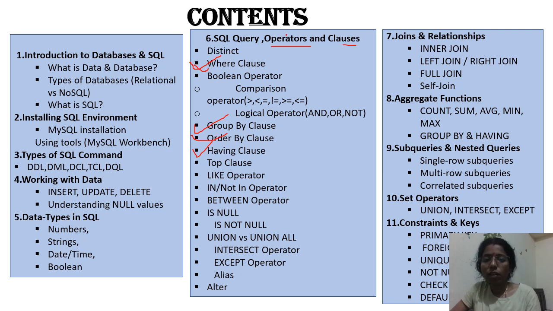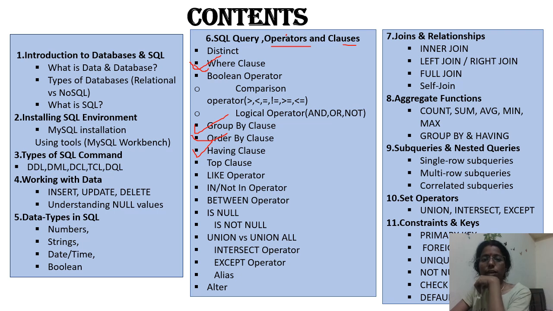Order by, orderly in the sense of ascending or maybe descending. And having clause is also the same as where clause, but the only difference is that having clause we are going to use with group by. Group by always comes with having, and the same way having clause only comes with group by.